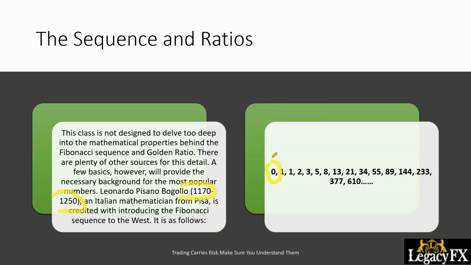So if we start out with 0, means nothing, and then we were to get 1 rabbit, we'd have 1. If we would add 1 more rabbit, we'd get 1 rabbit plus 1 rabbit, and we would have 2.